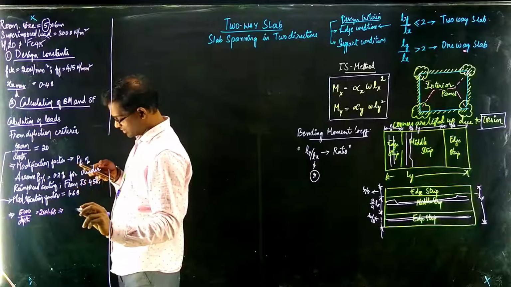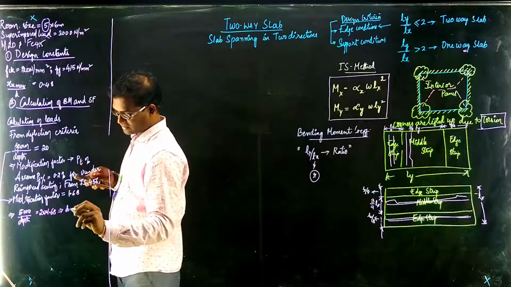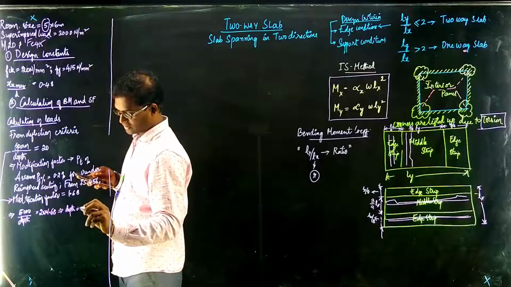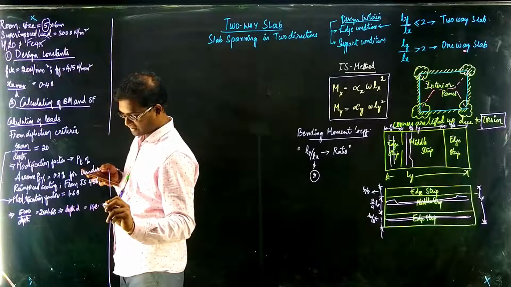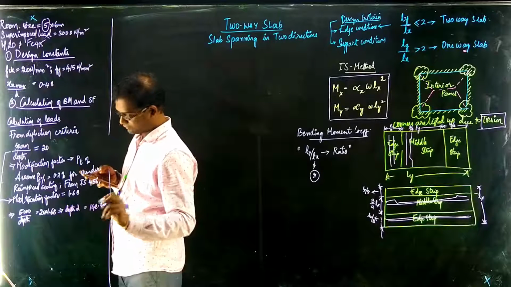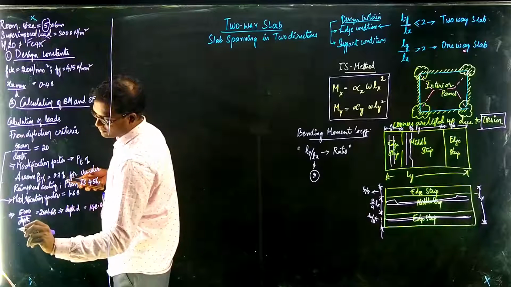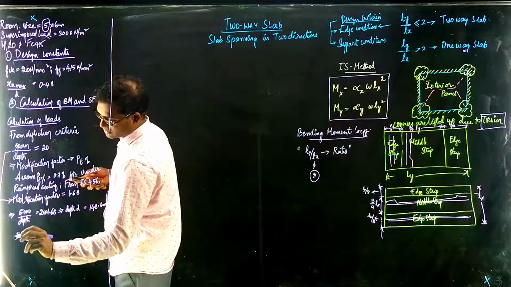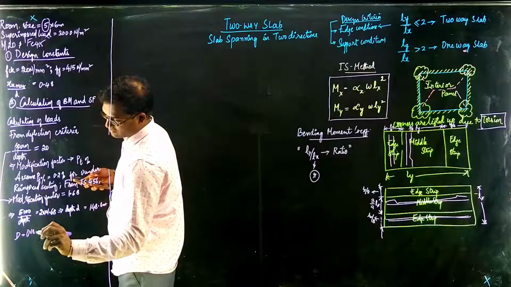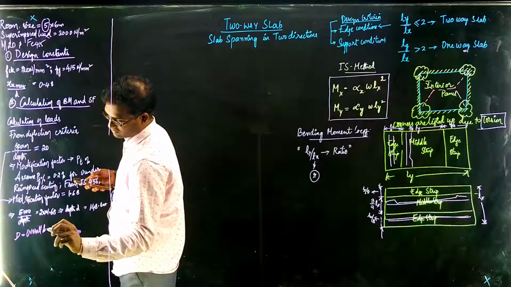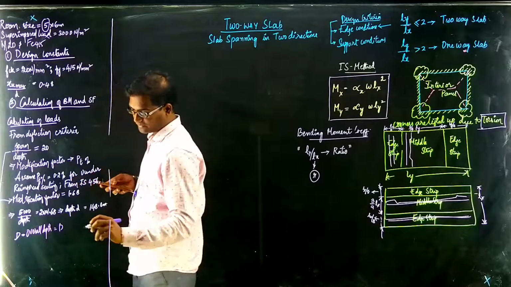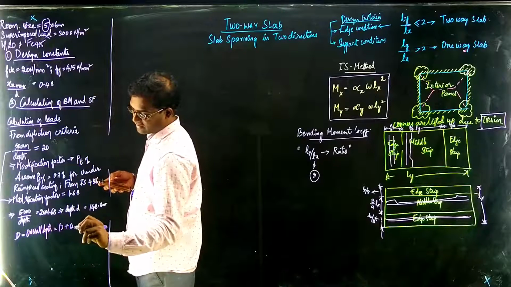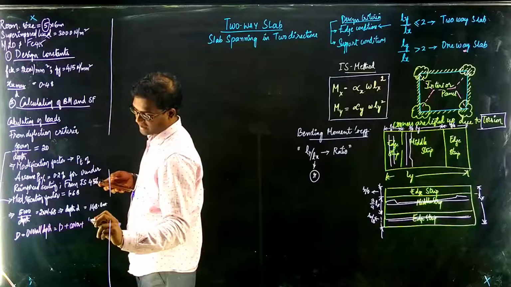Now from here you can say the depth, small d, equals 148.8 mm. So overall depth is given by capital D equals d plus cover plus diameter by 2.